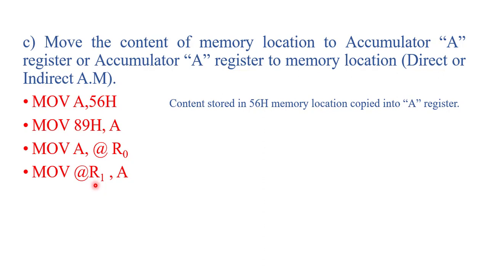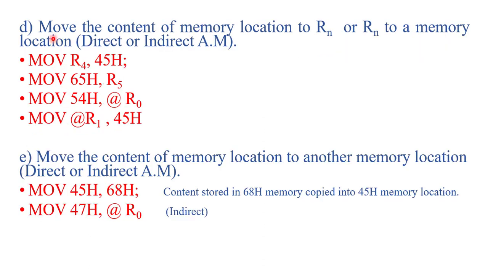Now, next instruction is move the content of memory location to Rn register, or the content of Rn register is moved into the memory location by using direct or indirect addressing. First instruction in this category is MOV R4, 45H.